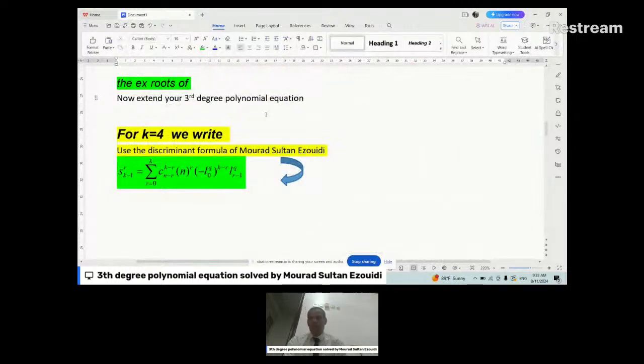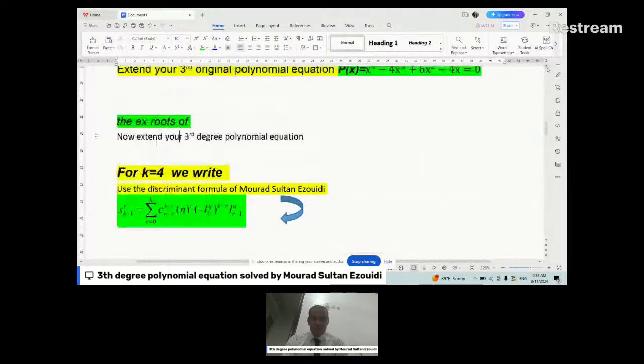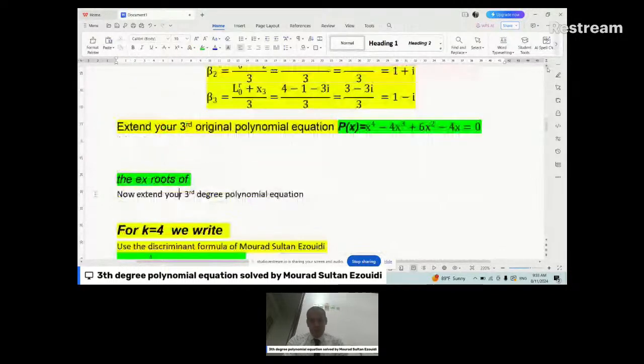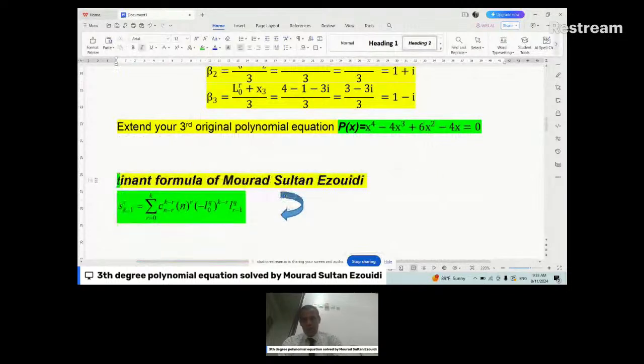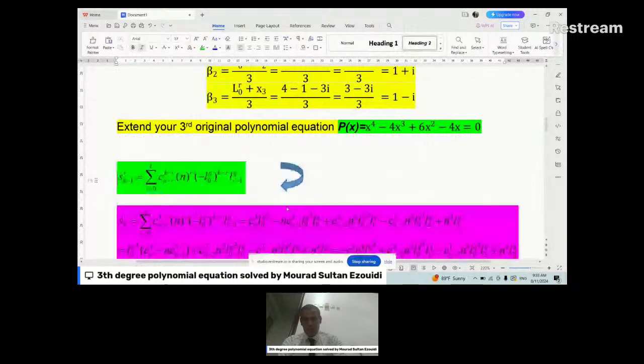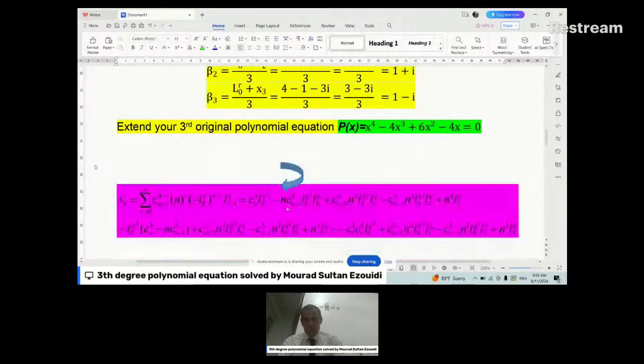So S1, learners, equal, I will write S1 by calculation, of course.